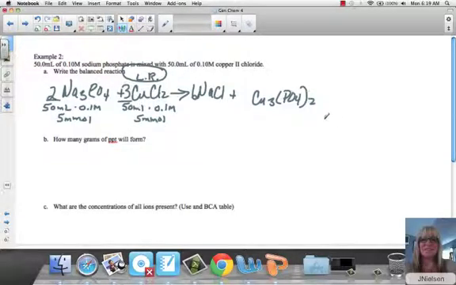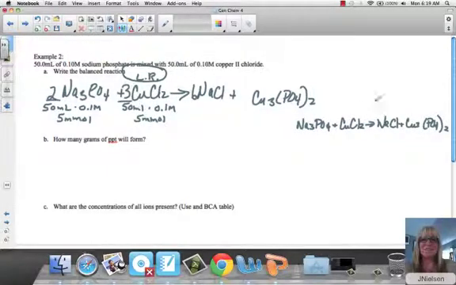So I'm going to set that up already on the side here. So I've got Na3PO4 plus CuCl2, and we're making NaCl and Cu3(PO4)2.